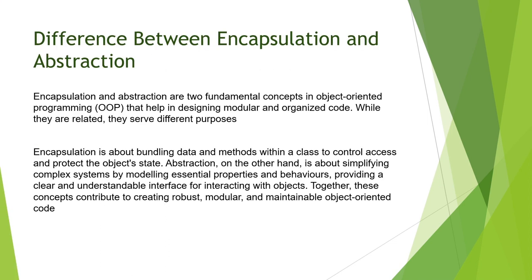So what is the difference between encapsulation and abstraction? Encapsulation and abstraction are two fundamental concepts in OOPS programming that help in designing modular and organized code. While they are related, they serve different purposes. Encapsulation is about bundling the data and methods within a class to control access and protect object state.